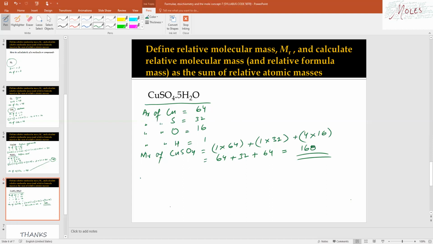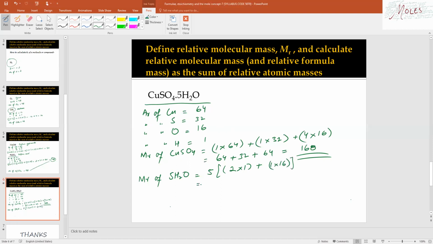What about the Mr of 5H2O? We'll write 5 outside this big bracket. Inside we have 2 atoms of hydrogen, multiply by 1. We have 1 atom of oxygen, multiply by 16.